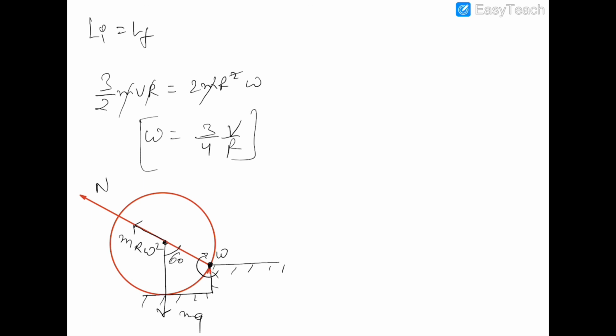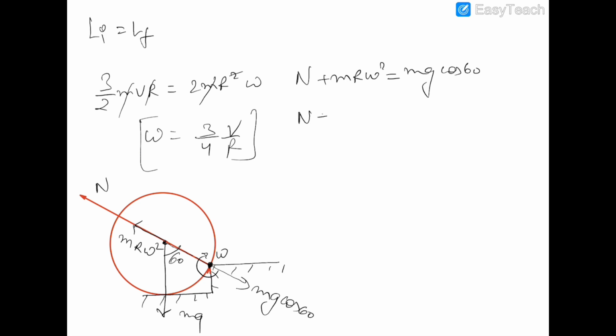So the component of mg about this axis is mg cos 60, and if we balance the force about the normal reaction line, then N plus m r omega square will be equal to mg cos 60.